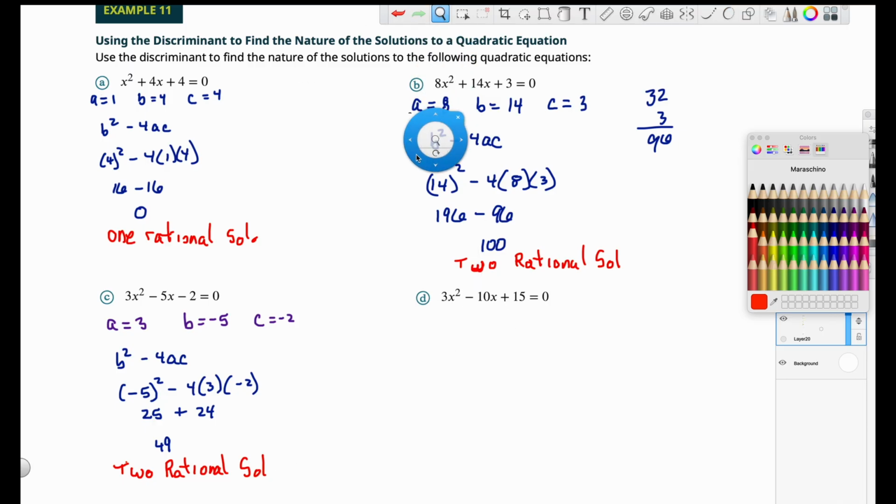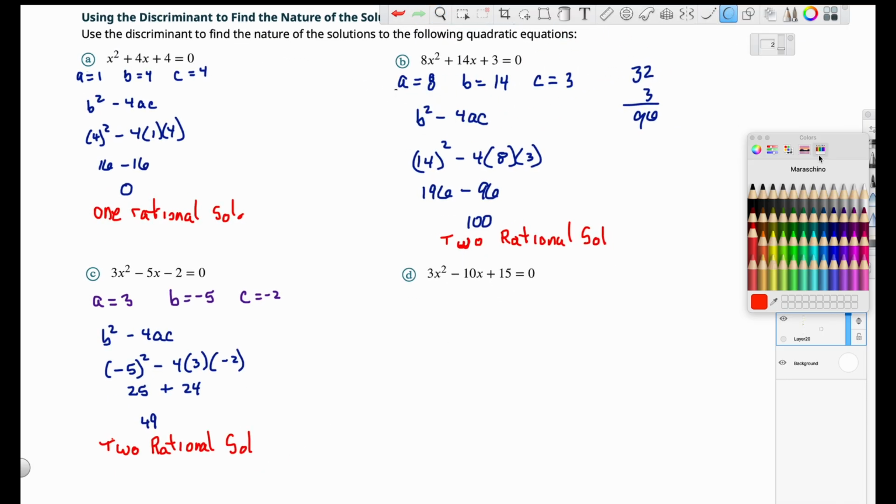Okay. So D, I wonder if we're going to get a complex here. Usually the textbook is going to give us a couple of different examples. Let's see what happens here. Do we get a negative for our discriminant? So I got 3 squared.